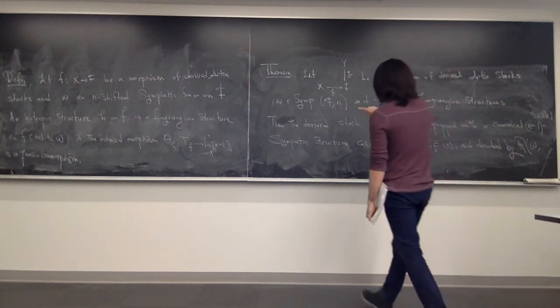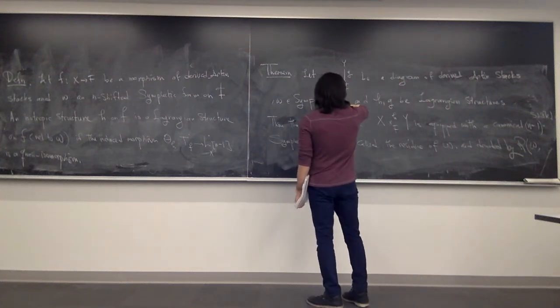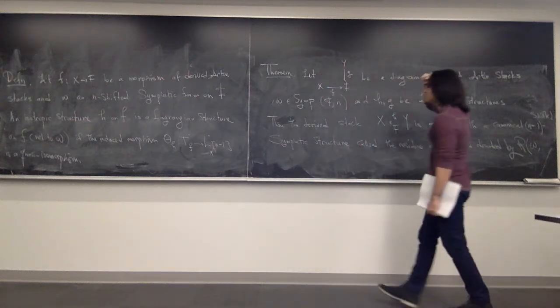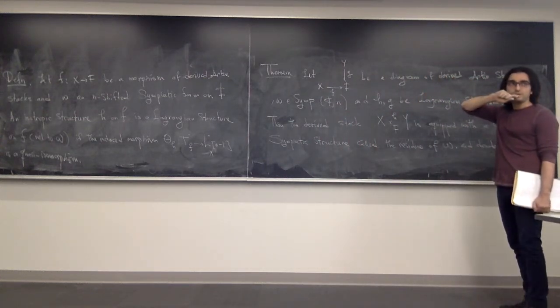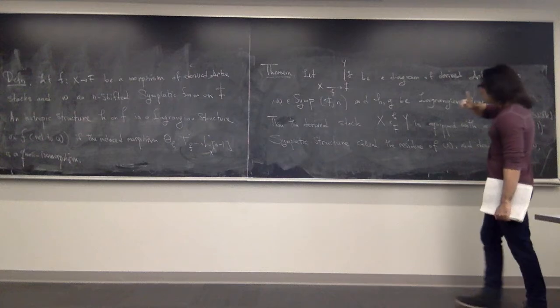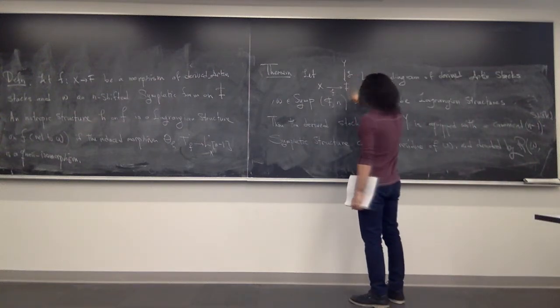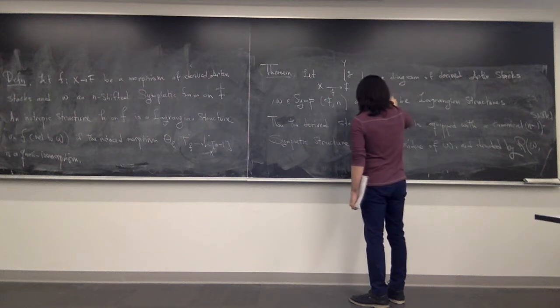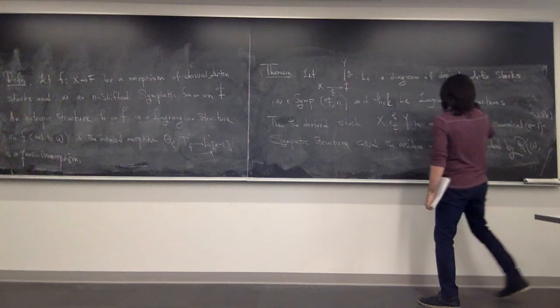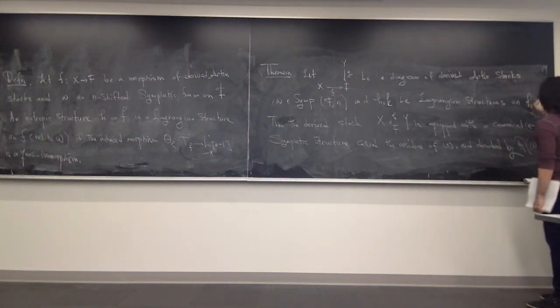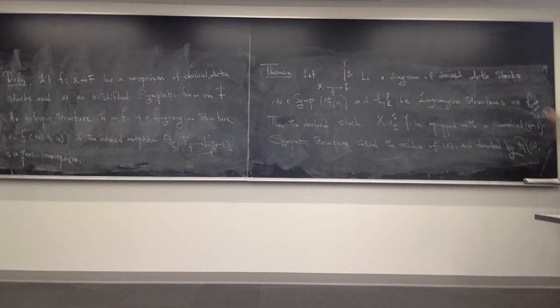Actually, you know, the shifted symplectic structures, give me a second. So we have two maps, and for each one I need to fix a choice of isotropic structure, a path. So let's say our maps are F and G, and I pick two isotropic structures, which are Lagrangian structures, H and K, on F and G. This is why I wrote it wrongly in my note, but this is correct.